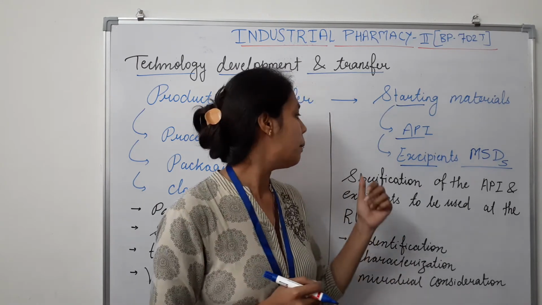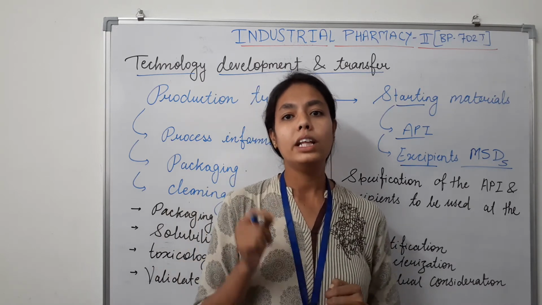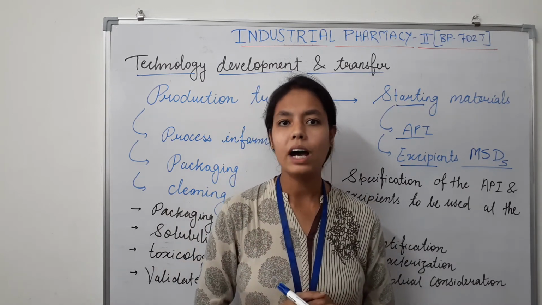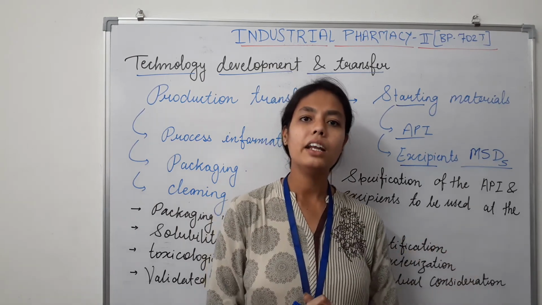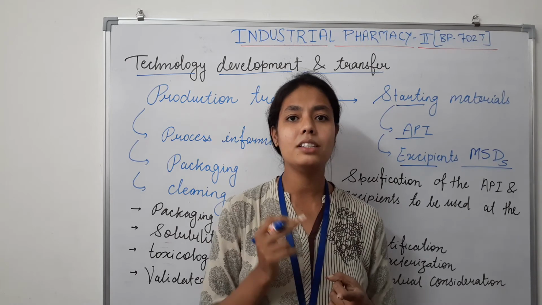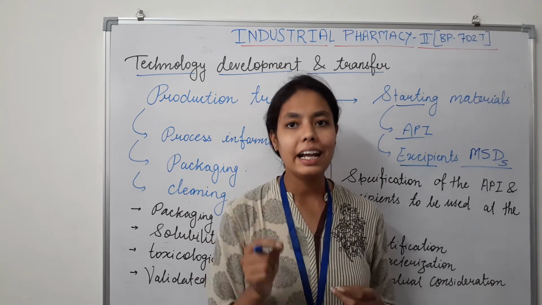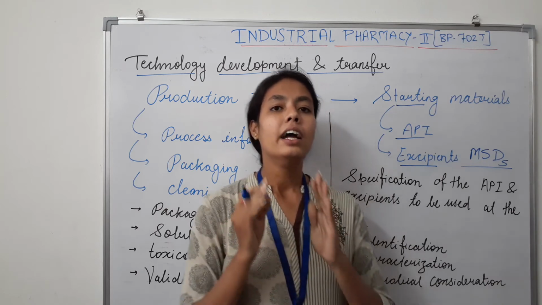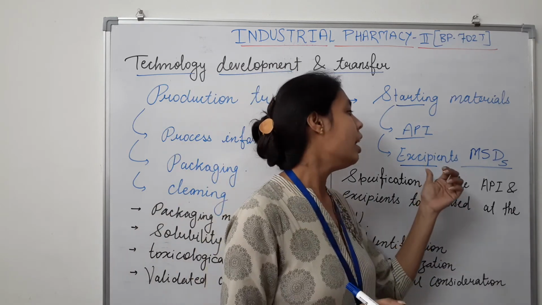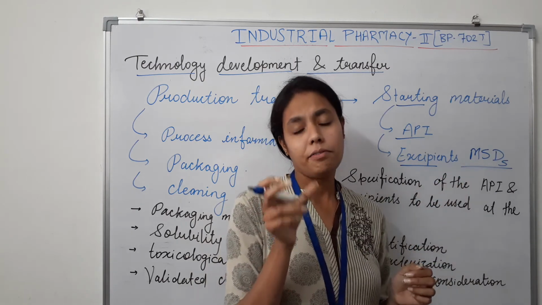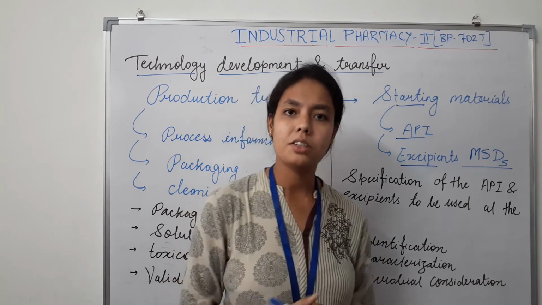Apart from that, microbial considerations in accordance with the regional pharmacopoeial requirements, as it is similar in the APIs, and other information on adhesion, to support compliance with the peel, shear and adhesion design criteria. This particular portion is basically meant for where we are going for the transdermal drug delivery system.